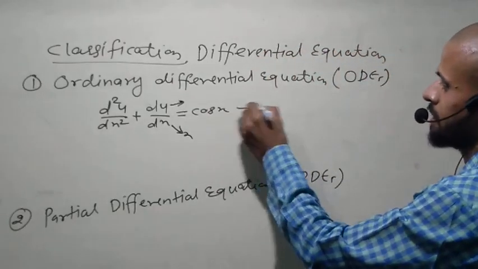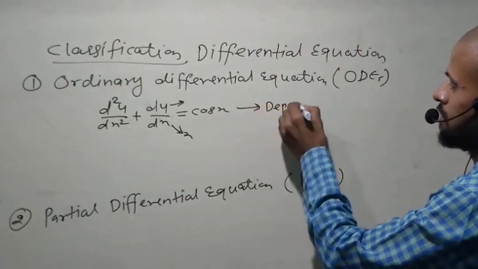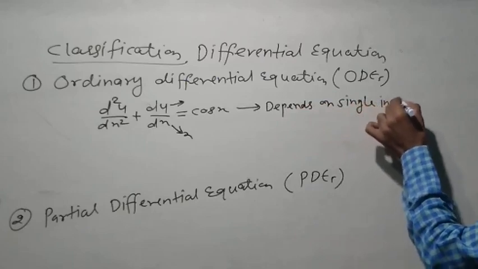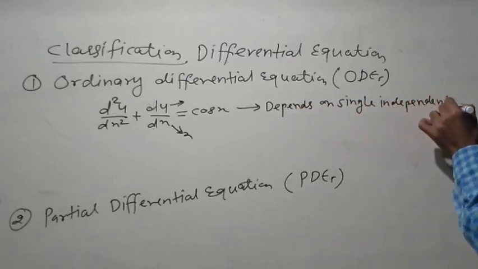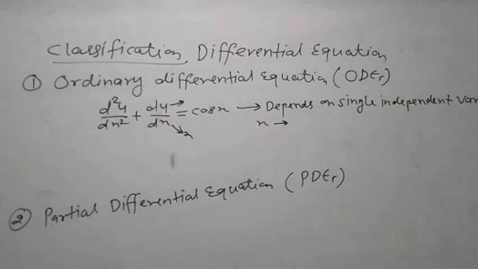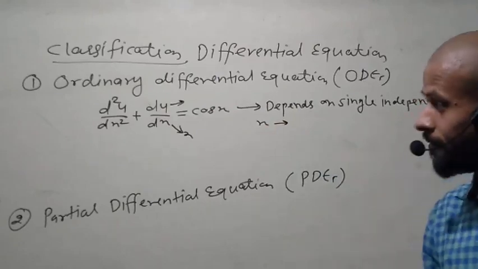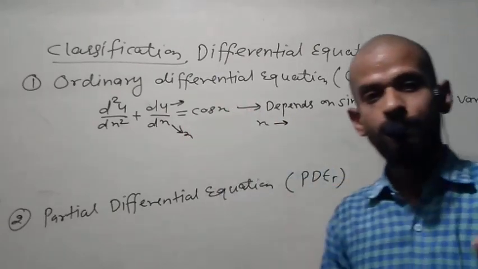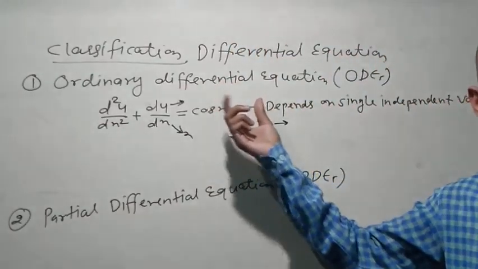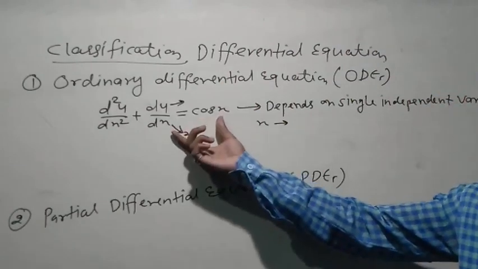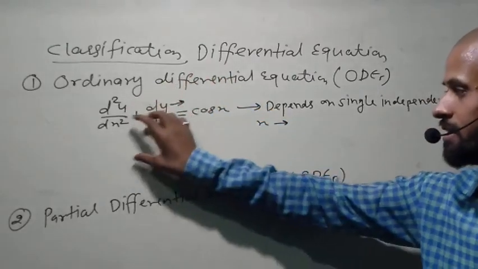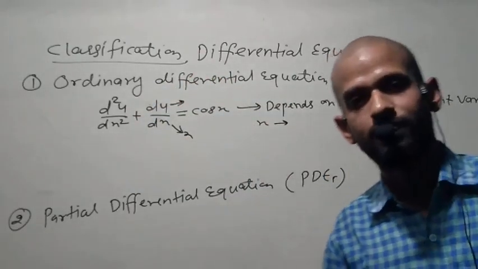It depends on a single independent variable, and that variable is x. Now the differential equation which depends on a single variable is called ordinary differential equation. So this equation is the ordinary differential equation.